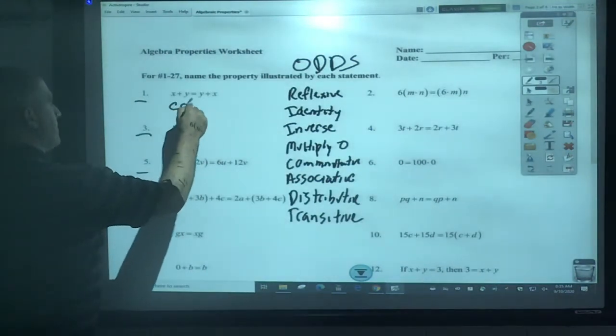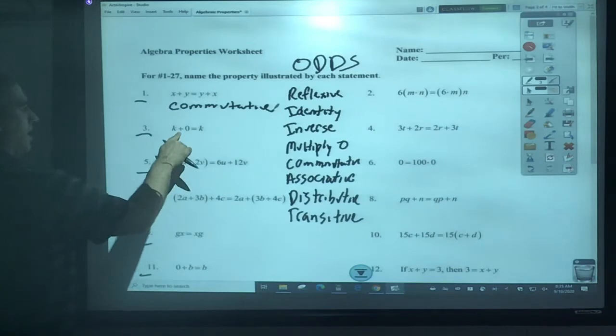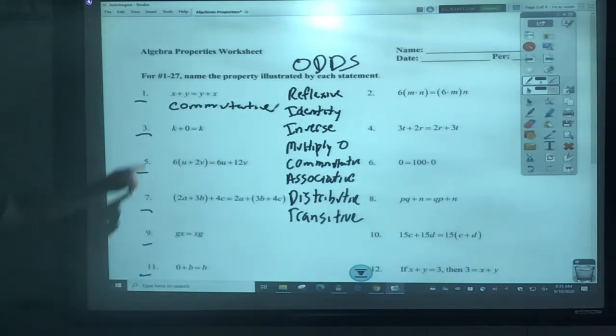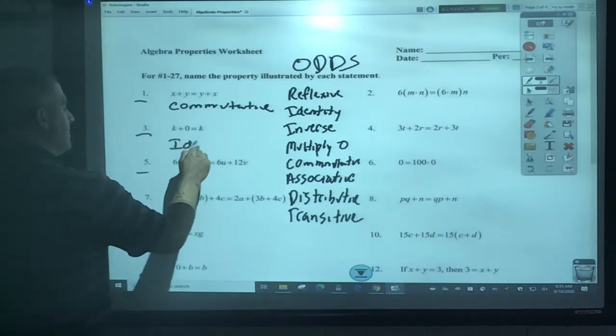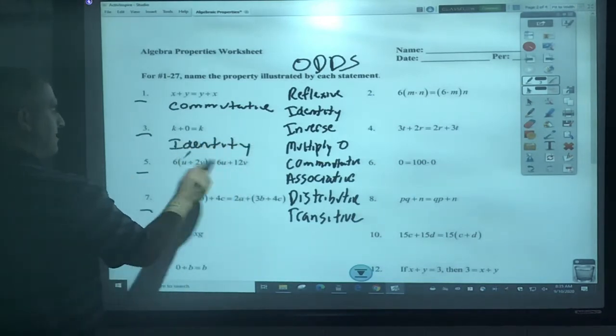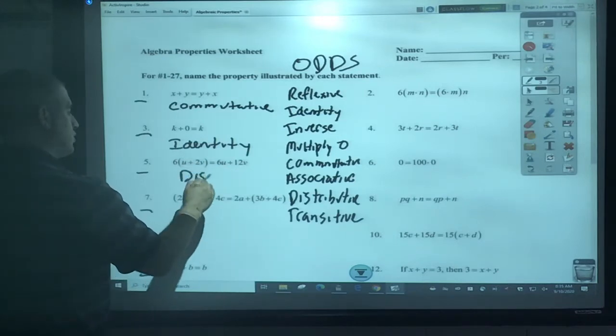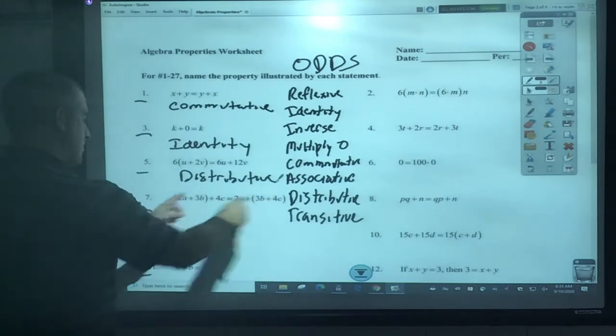That order is flipping. That's commutative. This ends up being k plus 0. So this is just going to be an identity. This is basically the parentheses went away. That's the distributive property. If you notice here, the parentheses switch.